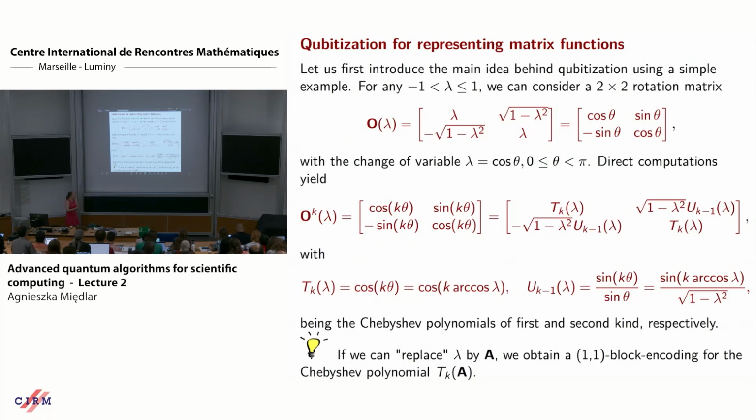Because if I can do it, I will immediately get a 1-1 block encoding for the Chebyshev polynomial Tk of A. And that's the object that I want. Now how can we use this idea of having the rotation matrix to get the object we want? Is the goal clear? Are there any questions here? Okay, so let me move on.